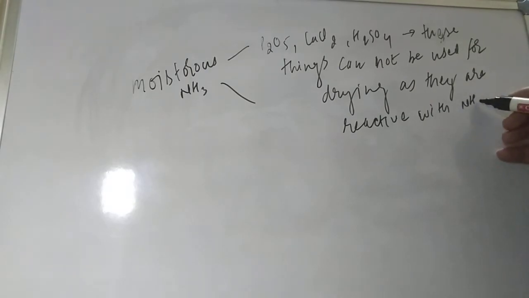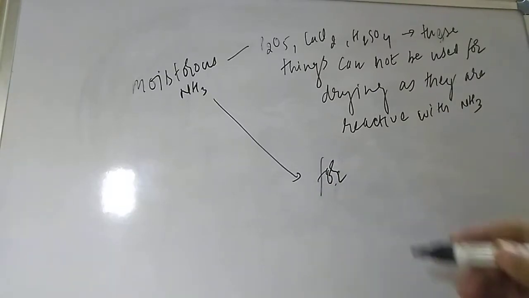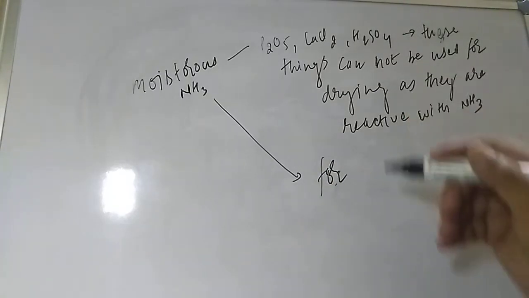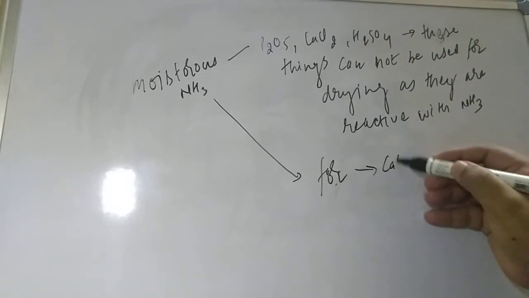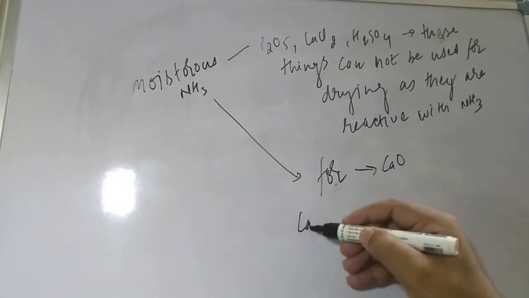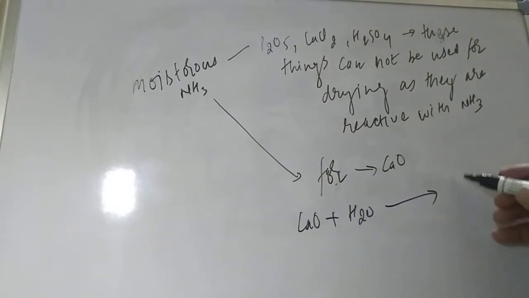So what can we use for drying? If there is moisture in the ammonia, we use calcium oxide. CaO reacts with any moisture in the ammonia and gives calcium hydroxide.